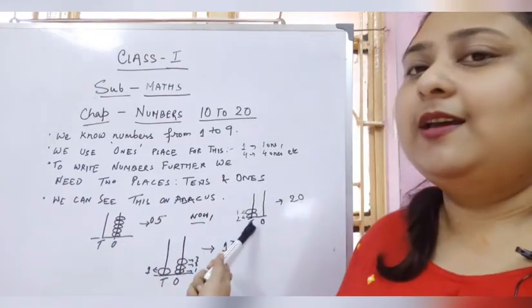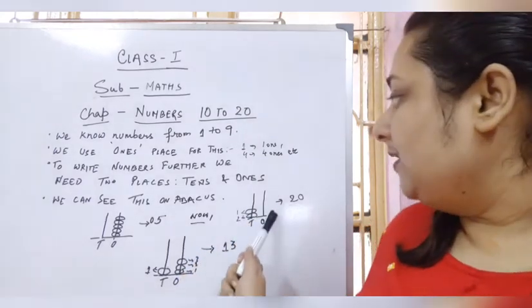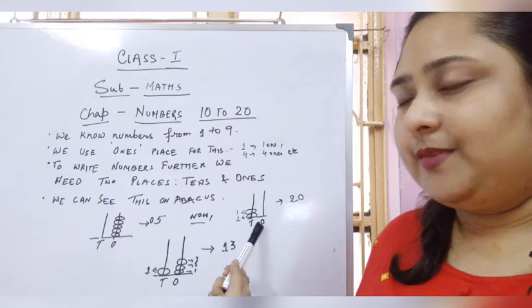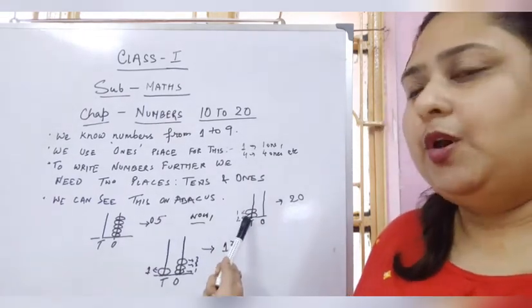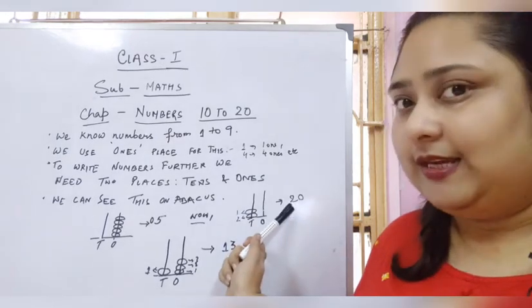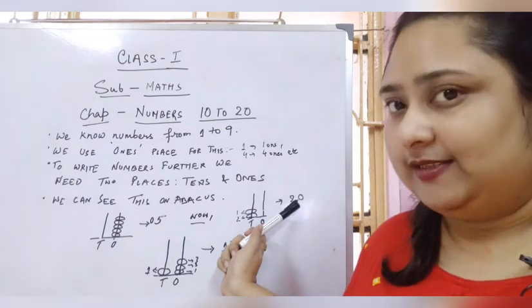So this number becomes 20, depicting that the ones place has 0 beads and tens place has 2 beads, 1 and 2. So this is number 20. 2 is in the tens place and 0 is in the ones place.